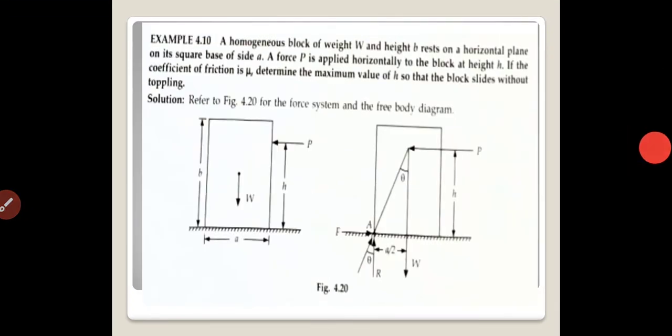Take one more case. Here, a homogeneous block of weight W and height B rests on a horizontal plane on its square base of side A. A force P is applied horizontally onto the block at height h.